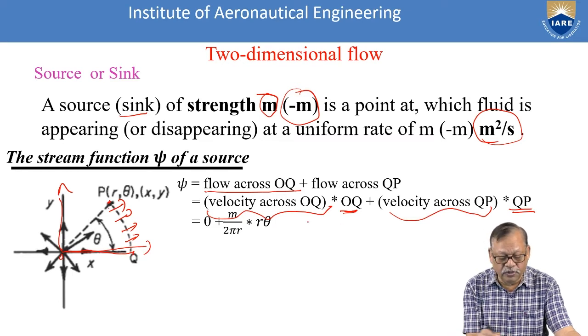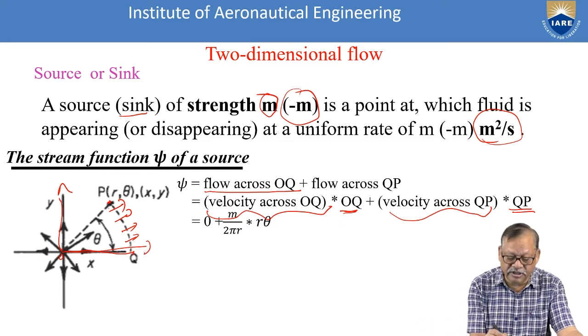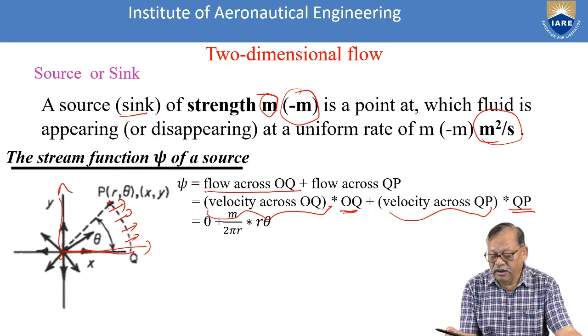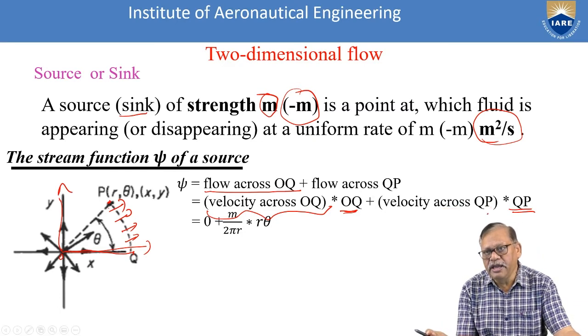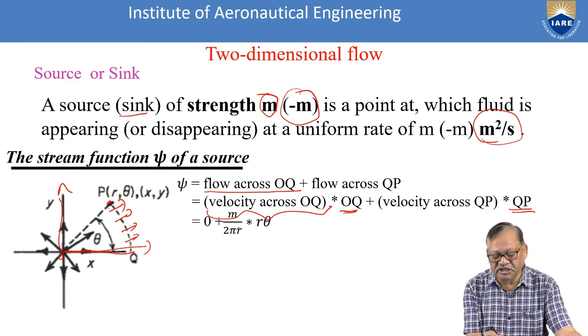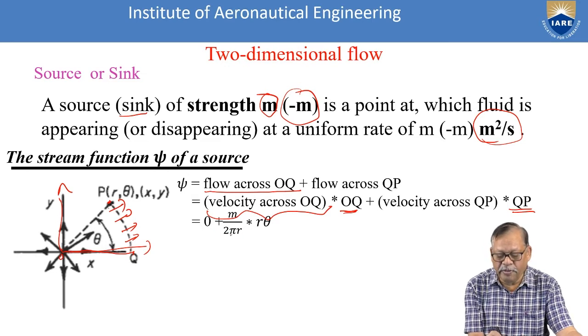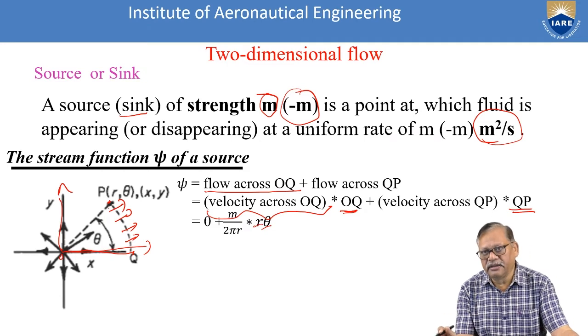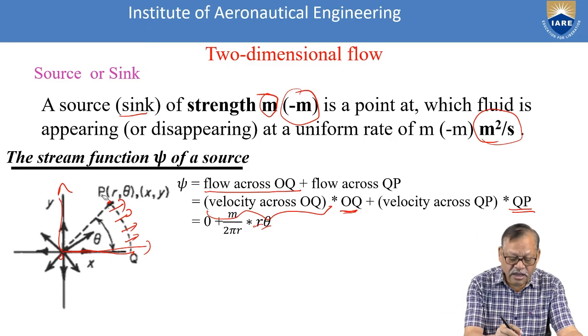So 0 into OQ, if you multiply, gives a result of 0. And what is the velocity across QP? The velocity across QP is equal to the strength of our source, m, by 2 pi r, into r theta.